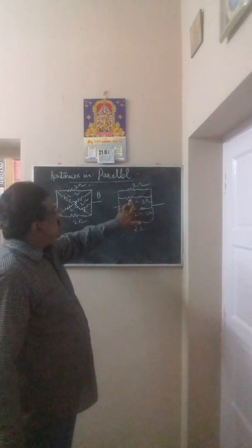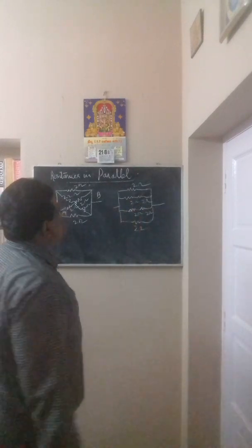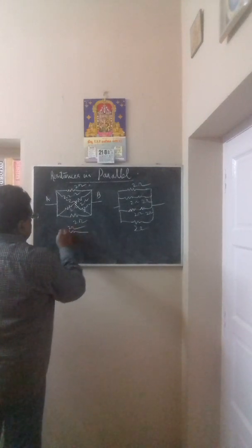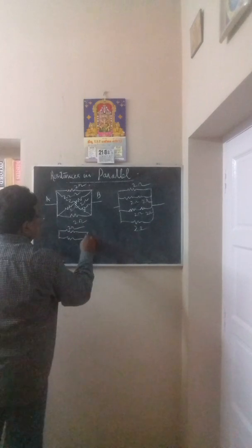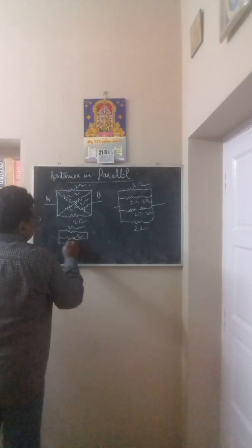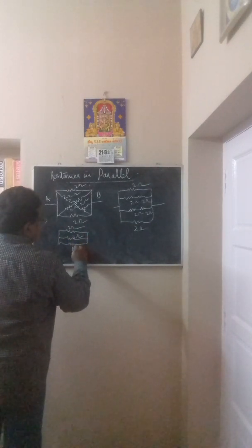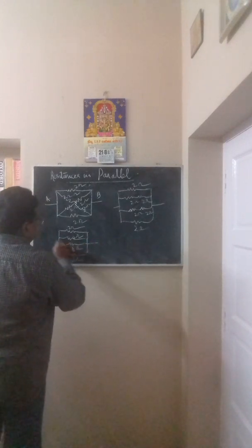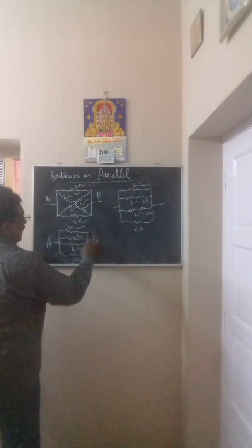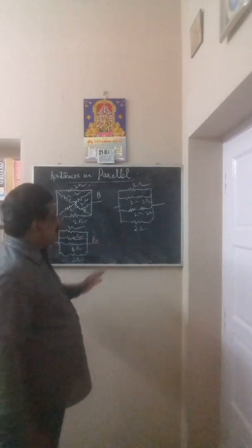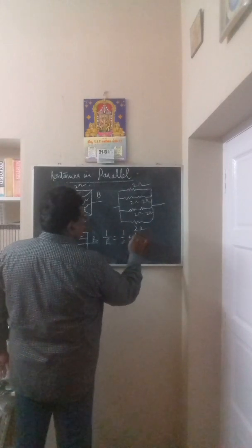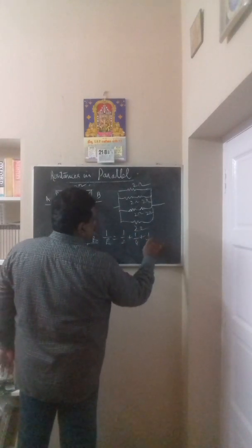Now these 2 in the center, 2 ohms and 2 ohms are in series. So you can further simplify it as 2 ohms, 2 plus 2 is 4 ohms, and this is 4 ohms, and this is again 2 ohms. So now all the 4 are in parallel. So 1 by R is equal to 1 by 2 plus 1 by 4 plus 1 by 4 plus 1 by 2.